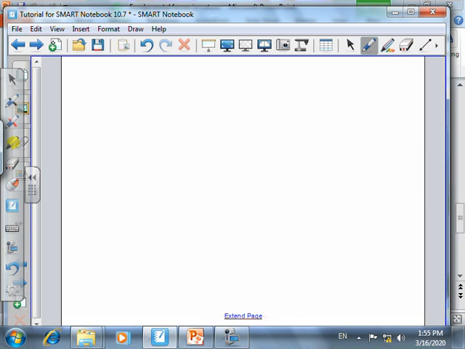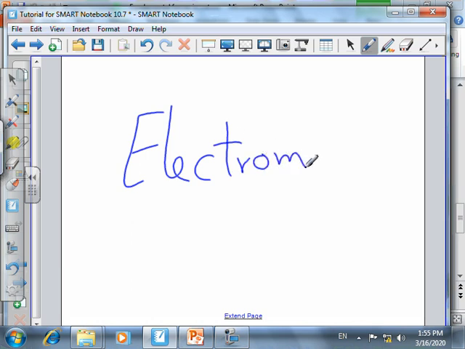Now to the second type of force which we are going to talk about. It's the electromagnetic force. From its name, electro, then magnet. We have two types.